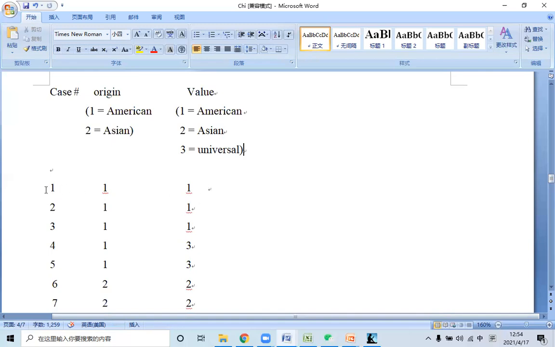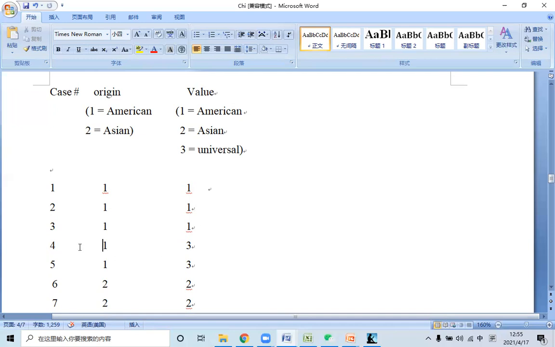For commercial number one, it came from the United States, and it shows American value. It shows individualism, winning, competing, etc. For the second American commercial, you have the same value, American. And commercial number three comes from the United States and shows the American value.